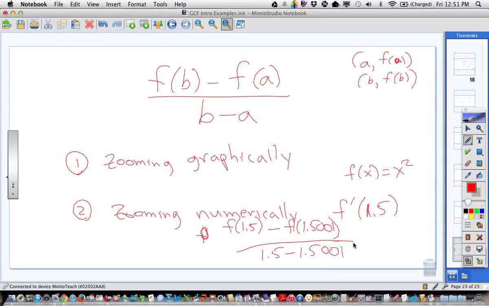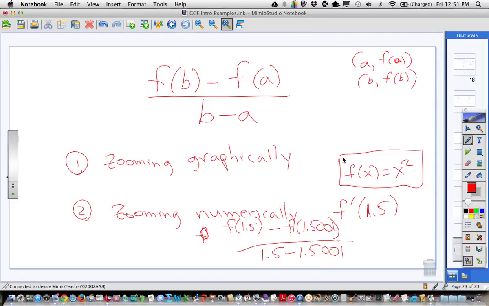It says zoom numerically. Well, what that means is you're just picking 2 close points and doing a slope calculation without the actual physical graph, zoom in, that kind of thing. You would know because you'd plug it into that function. Right. So I would say you would write this, right? Now, if you wanted to just get on your calculator, I like this, I'll be honest.